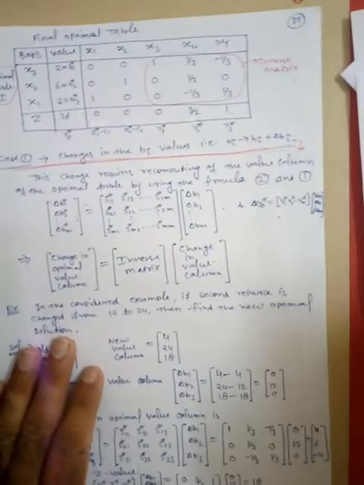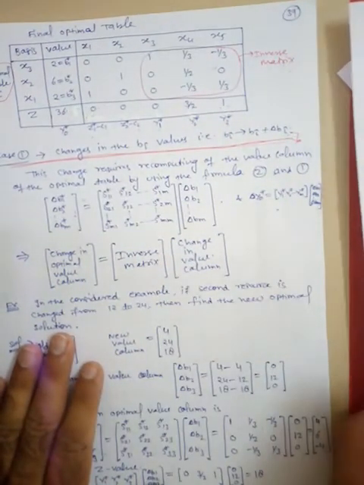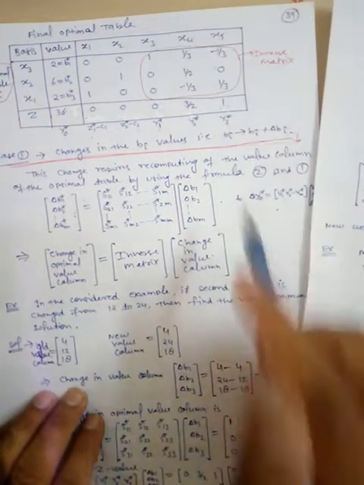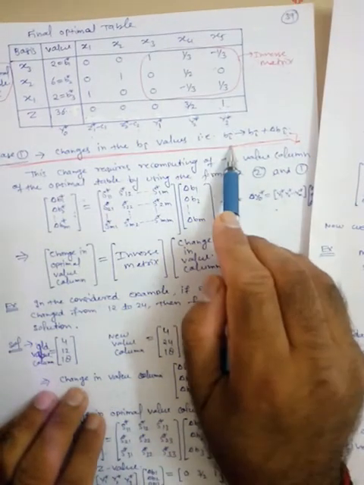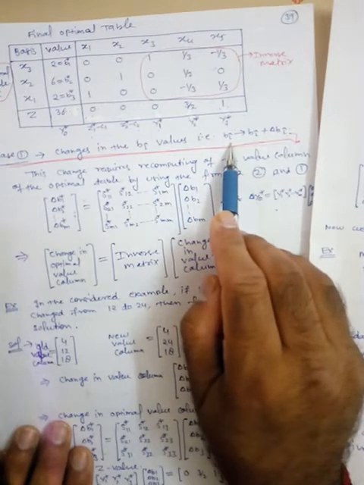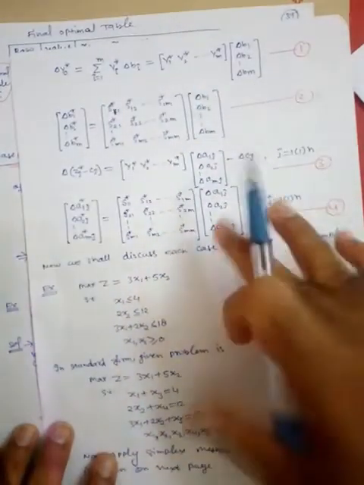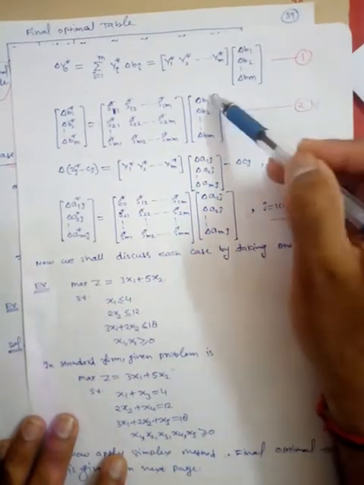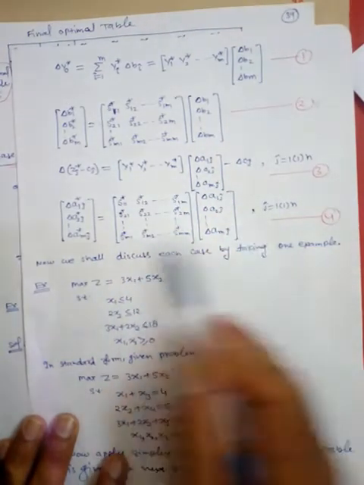Since we have made changes only in bi, if you see these formulae, b is involved here and here, but there is no b in the others.